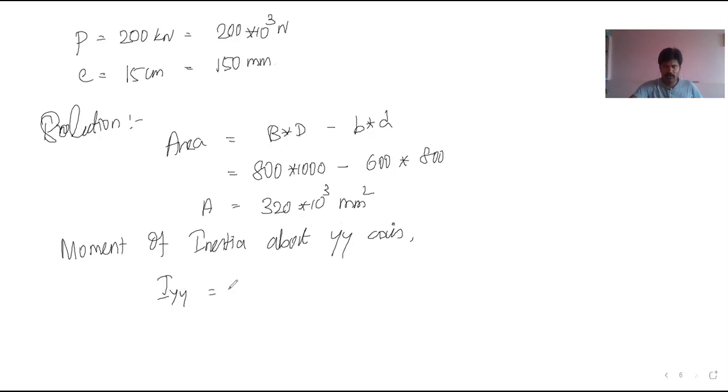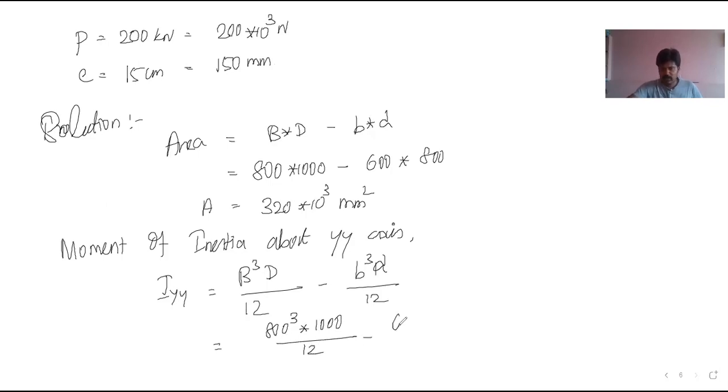So Iyy is equal to b cube d by 12, since it is a hollow section, so b cube d by 12 minus small b cube small d by 12. So 800 cube into 1000 divided by 12 minus 600 cube into 800 divided by 12.